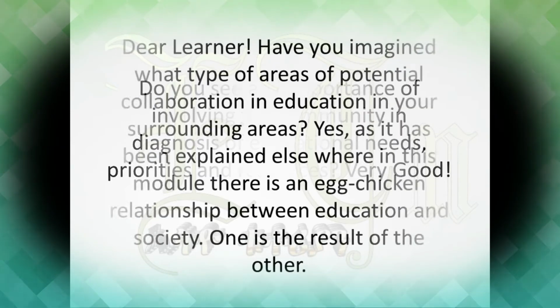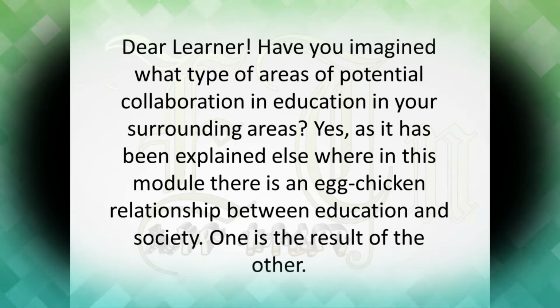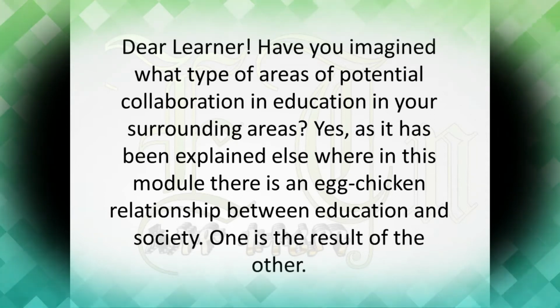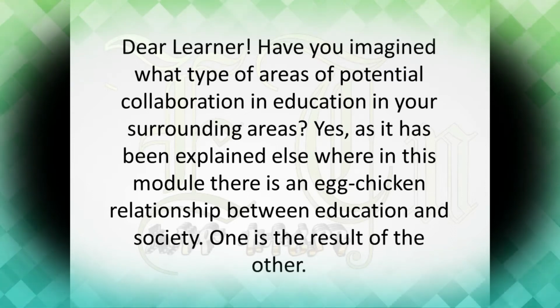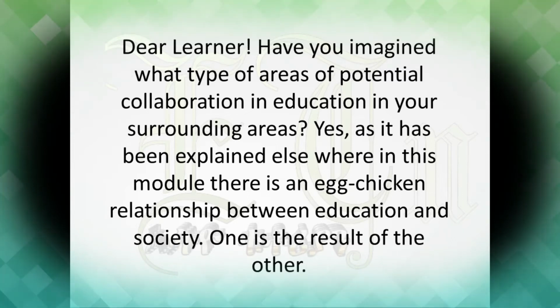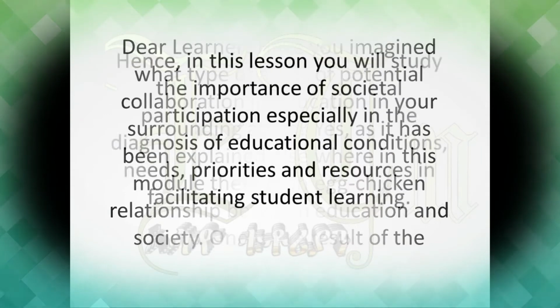Very good. Dear learner, have you imagined what types of areas of potential collaboration in education exist in your surrounding areas? Yes, as it has been explained elsewhere in this module, there is an egg-chicken relationship between education and society. One is the result of the other.